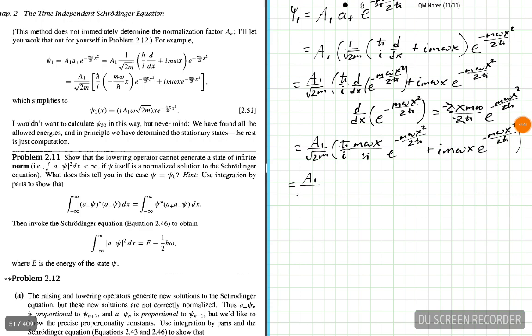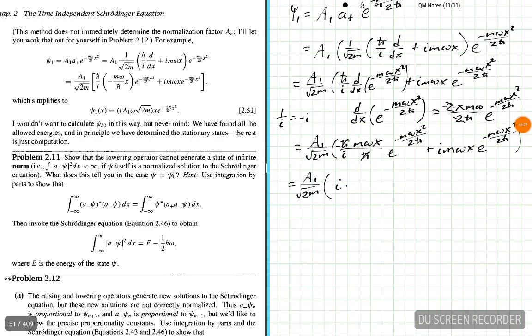So I get A1 over 2m. Gonna go ahead and cancel out that h bar. Gonna bring my 1 over i to the top, so 1 over i is the same as negative i, so I can get rid of that negative sign, and I just get i m omega x plus i m omega x. Isn't that really convenient how that worked out? And then times this guy.